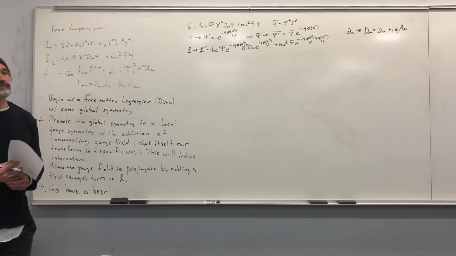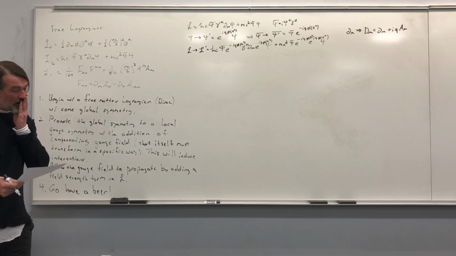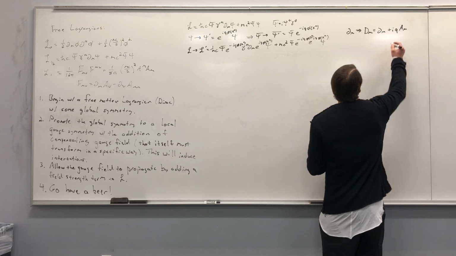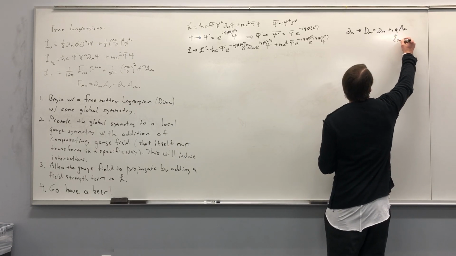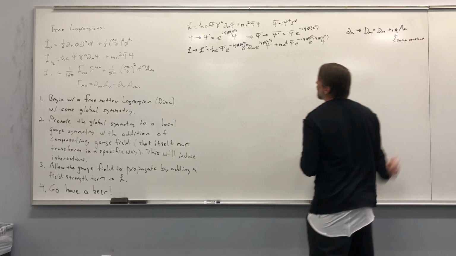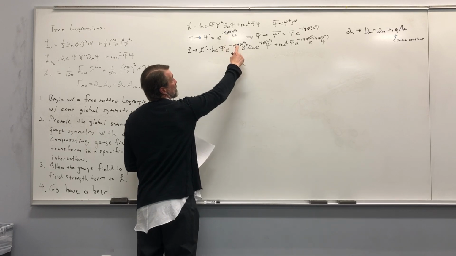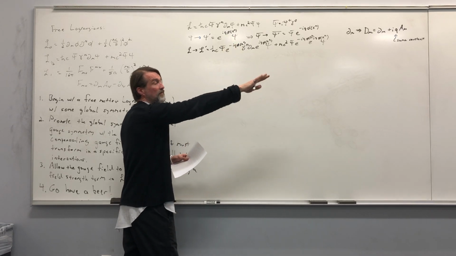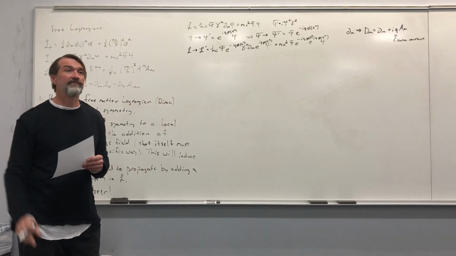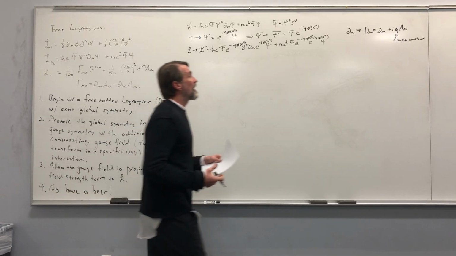So this is the same constant Q as in these transformations. I'm not just picking a random new constant, it's the same Q that enters into these transformations, and we'll identify what that Q is in a minute.